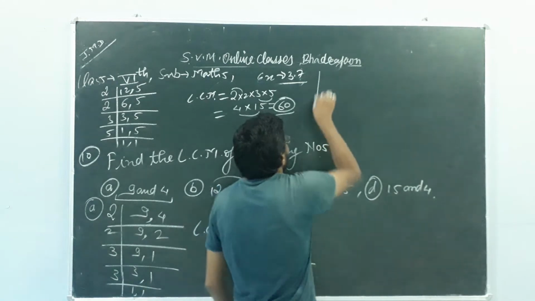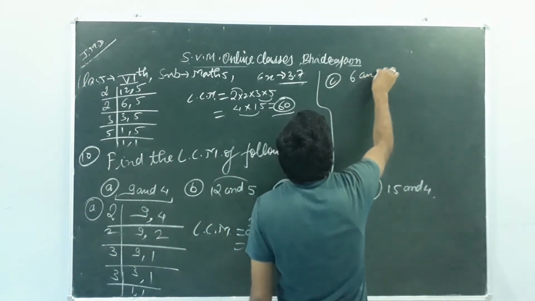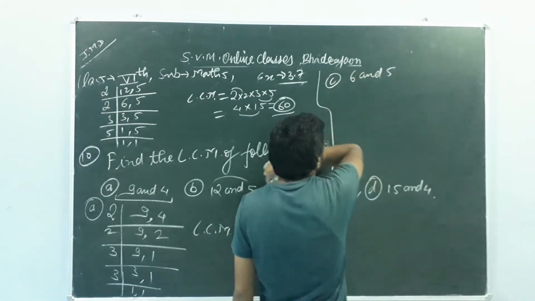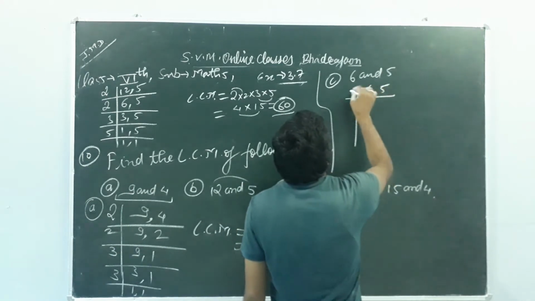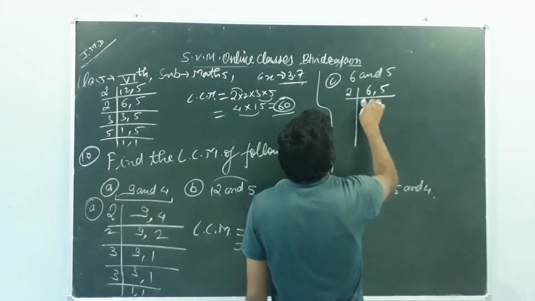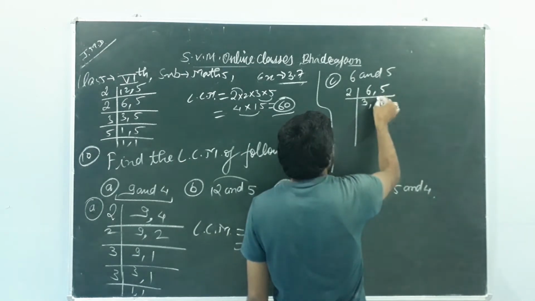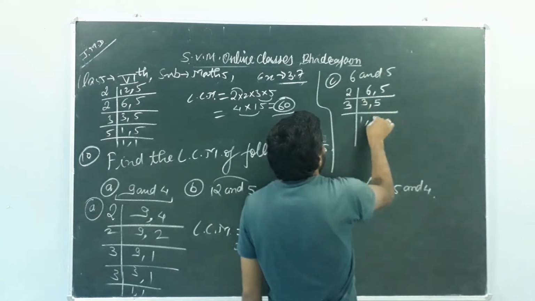Now our part C is 6 and 5. Now we will take the LCM of 6 and 5. So by 2, 2 3s are 6 and 5 is not divisible. 3 1s are 3 and this is 5.